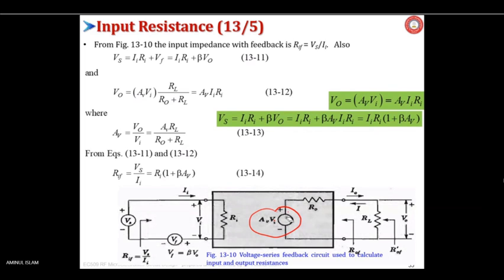So here, what is the output voltage within these two nodes? VO. Yes, VO is the output voltage.